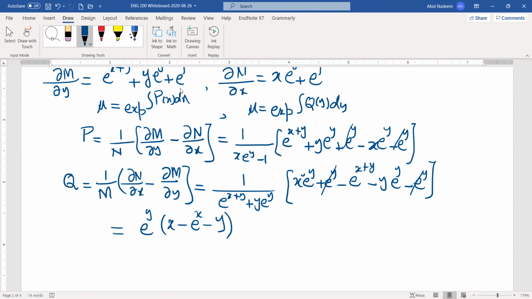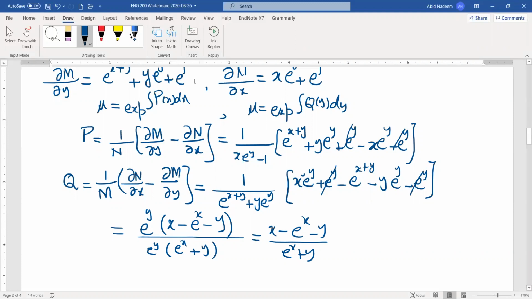And from the denominator, it will be e power y into e power x plus y. So e power y cancels with e power y. So we are left with this expression, x minus e power x minus y over e power x plus y. However, this expression is also still complicated. Okay, just hold on a second. I think I have made some mistake over here.